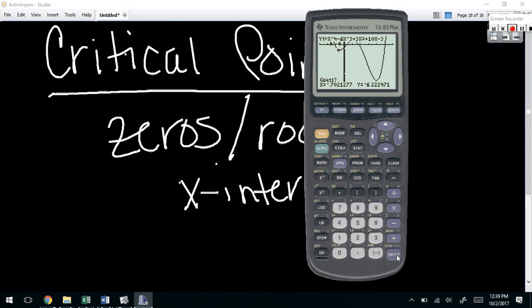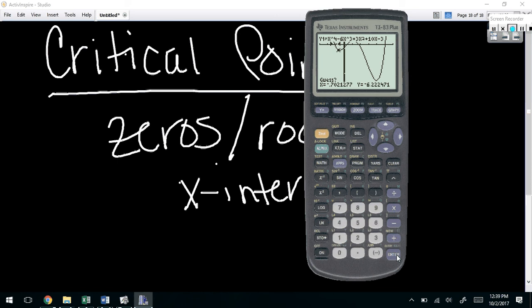Wait, don't click anything else yet. I want you to understand why they're there. It says no sign change. All right, look. Do you see my 2 arrows?